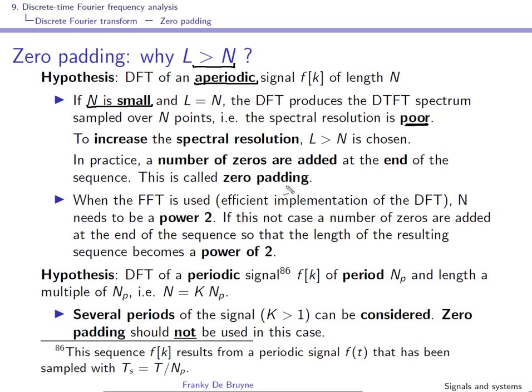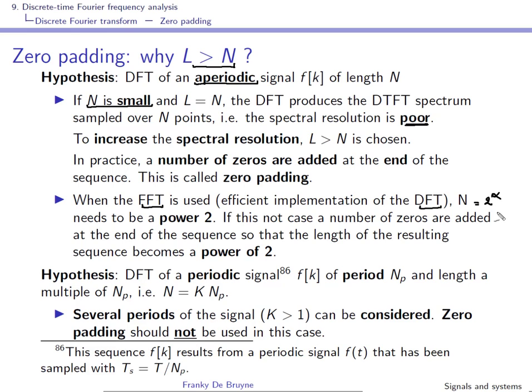Another reason why you can do zero padding is because when you use the FFT, and this is what we'll do, we'll see that the FFT is the fast Fourier transform, an efficient implementation of the DFT. You need a number of data points that is a power of 2. So you need to write n as 2 to the power alpha, where alpha is some integer.